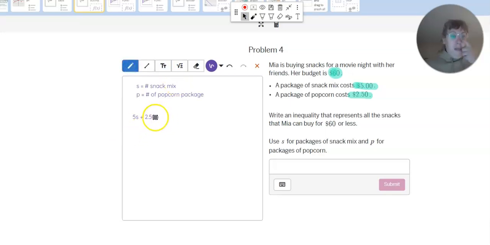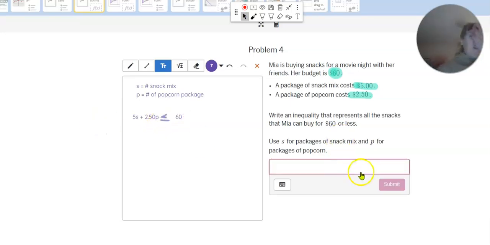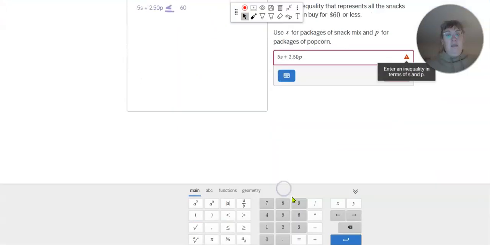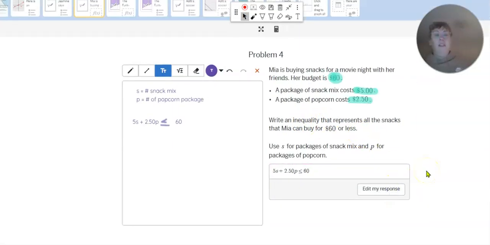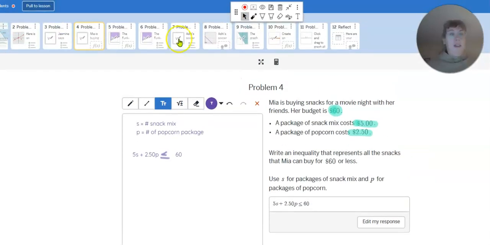So we want that to be less than or equal to $60. Beautiful. So we have 5S plus 2.50p, and then we want to select less than or equal to 60 and hit submit. So it can be equal to 60 or it can be less than 60. That's our limit.